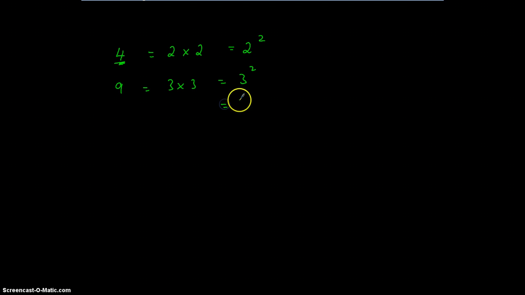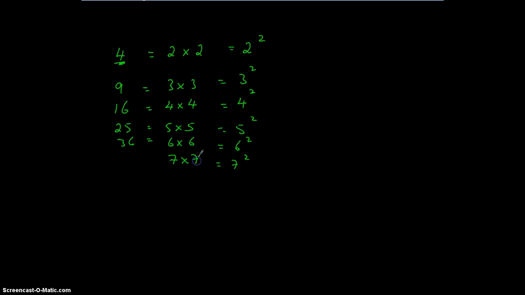Well, the next one is going to be 4 squared, and 4 squared is 4 times 4, which is 16. And so the next one is 5 squared, which is 5 times 5, which is 25. And the next one is 6 squared, which is 6 times 6, which is 36. And the next one is 7 squared, 7 times 7, which is 49.